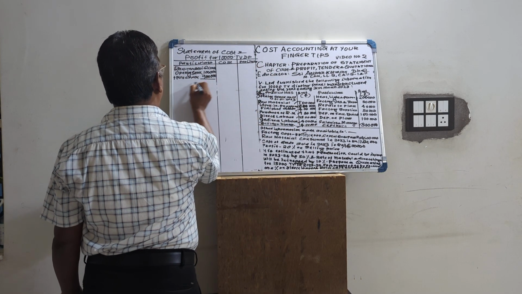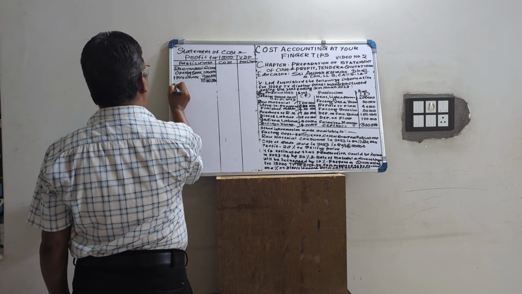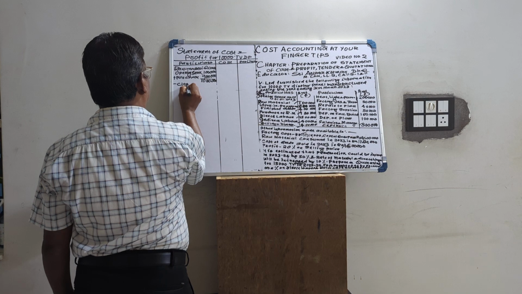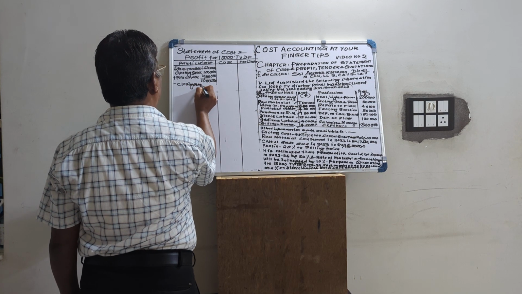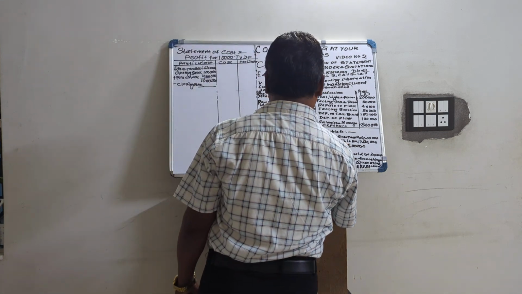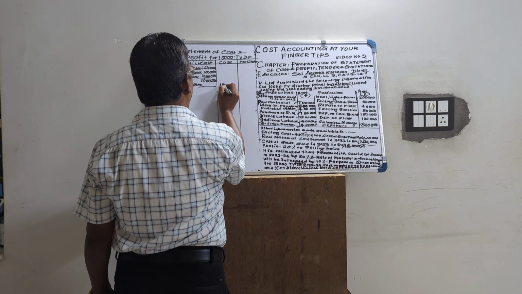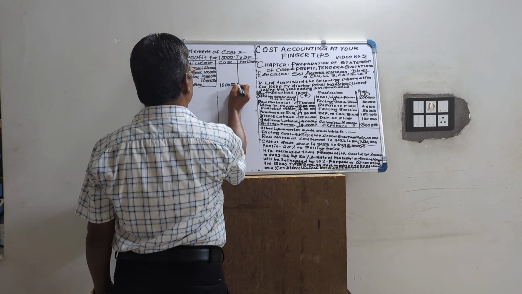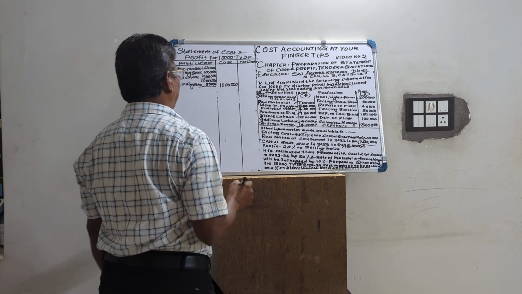Then less closing stock of raw material. Closing stock is not given, so we have to calculate the balancing figure. Raw material consumed is given here, that is 10 lakh. So here we will get 10 lakh, which means 80,000 is the closing stock of raw material.